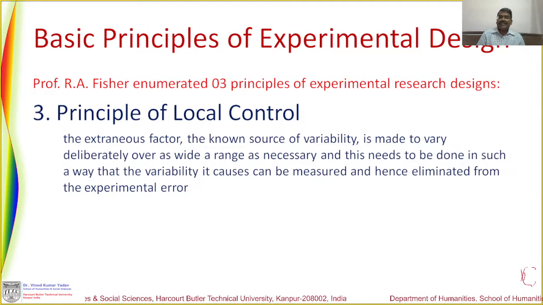So local control means, Professor Fisher was of the opinion, that you make this extraneous factor vary deliberately. That means you deliberately conduct your experiment where the extraneous factor is available and you know it. You take it into consideration, but at the same time it is made to vary deliberately over as wide a range as necessary, and this needs to be done in such a way that the variability it causes can be measured.